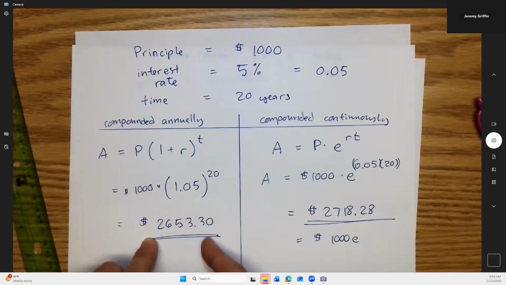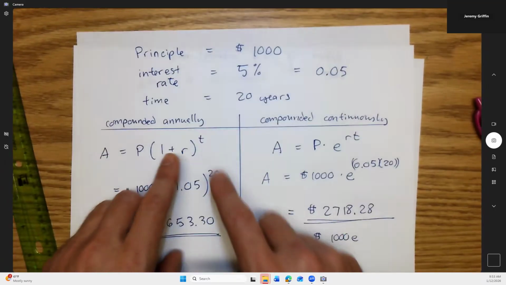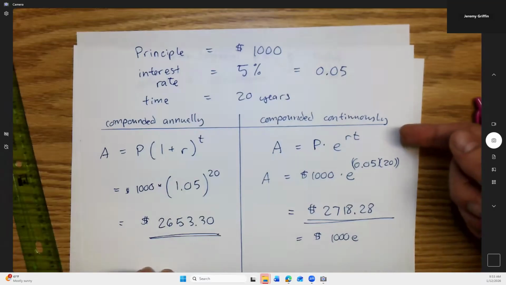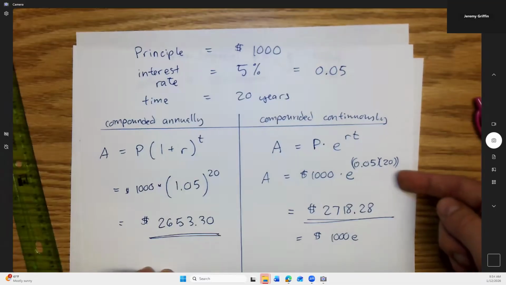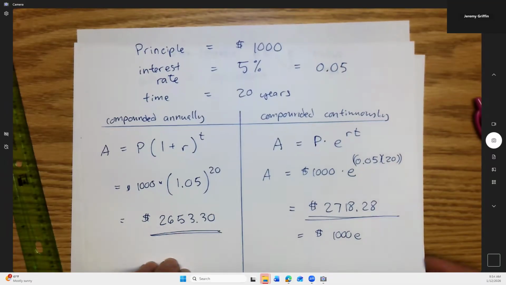Now we also said compounded monthly last week, so r divided by 12 to the power of 12t. You can do that. It came out to a little bit more money. What if you compound every nanosecond? Now we've got a new looking formula, e to the rt. You plug that in, and if you compound continuously, it does show up as a little bit more money than before. Okay, so now you guys all got this in your notes?